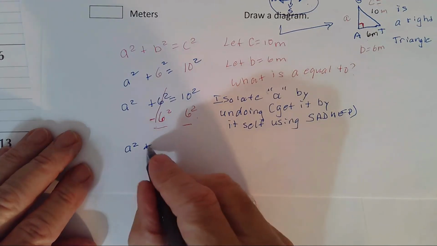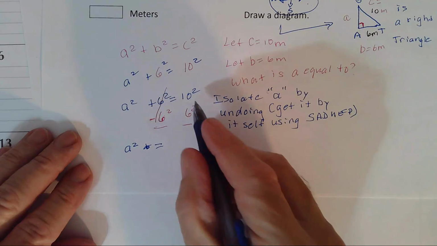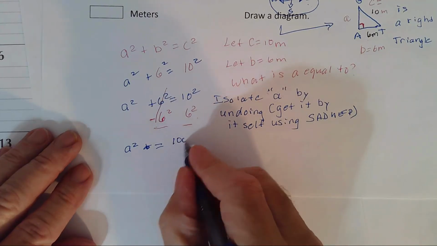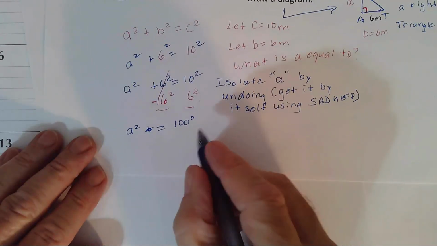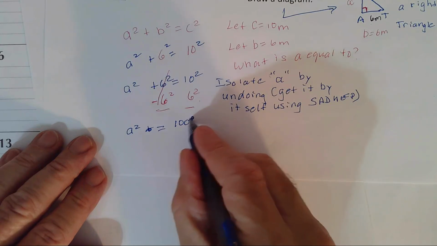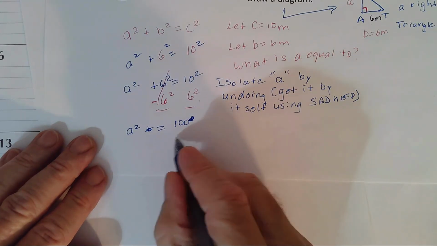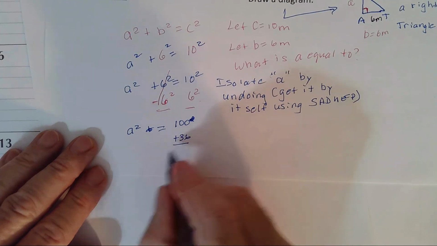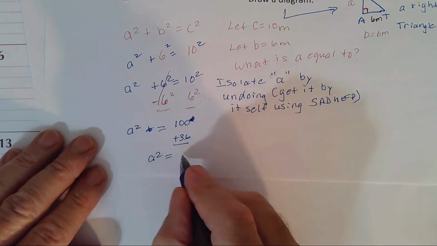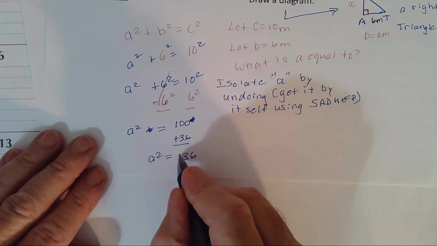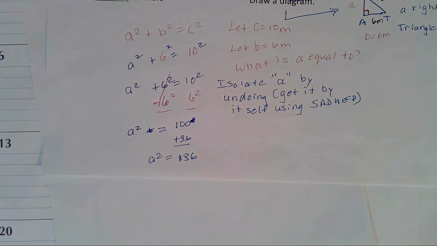Oops, A squared then is going to equal, well, 10 squared is 100, and 6 squared is 36. So A squared equals 136, right? Okay, so we know that.